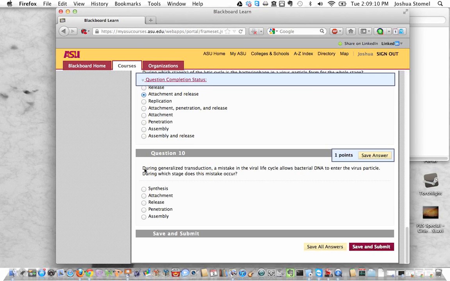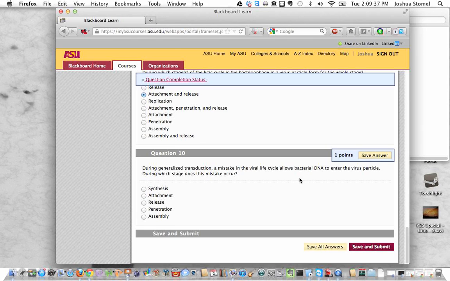So, last question. During generalized transduction, a mistake in the viral life cycle allows bacterial DNA to enter the virus particle. During which stage does this mistake occur? Well, is it happening during synthesis, attachment, release, penetration, or assembly?